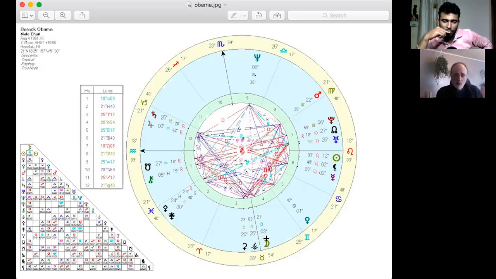Gemini moon. A skipped step squaring the nodes means, in the way that Jeffrey taught evolutionary astrology, that the person has been flipping back and forth between the South Node and the North Node in recent lives.